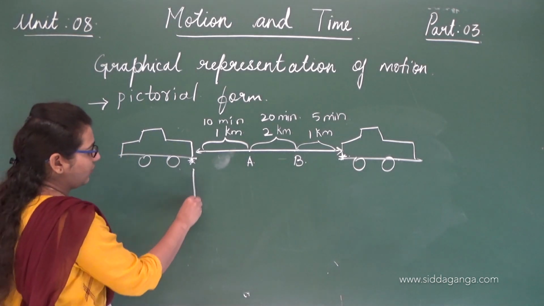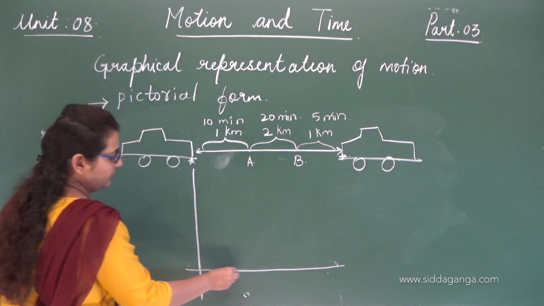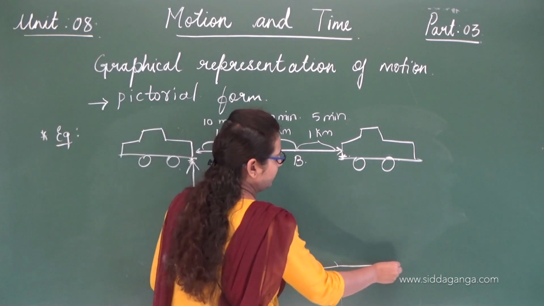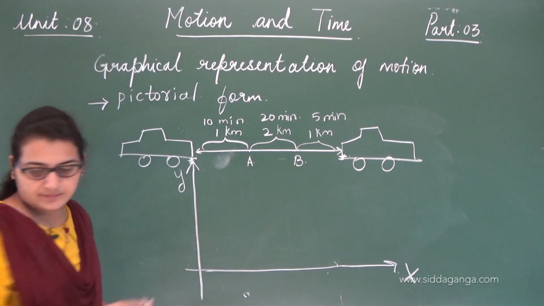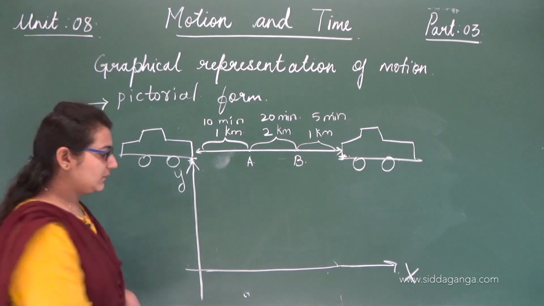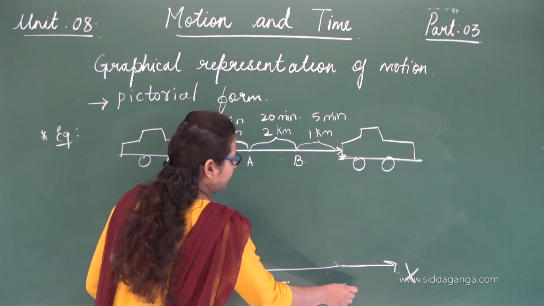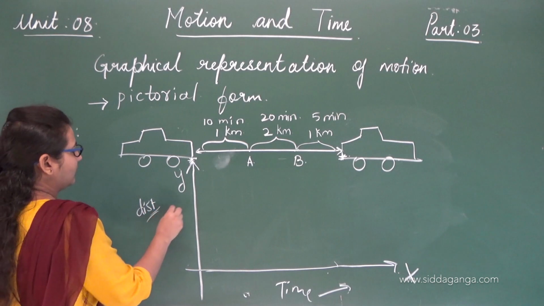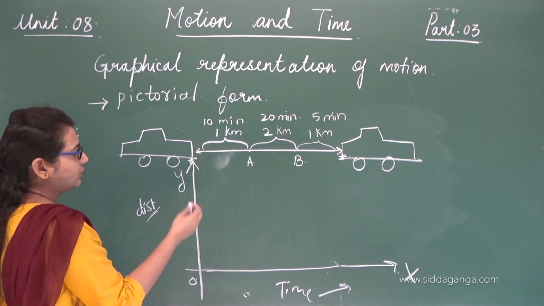So let us draw a graph. This is the x-axis and this is the y-axis. We'll take time here, and distance on the y-axis. This is the origin. So what distances have we got?